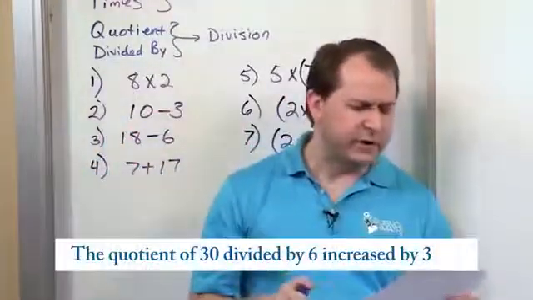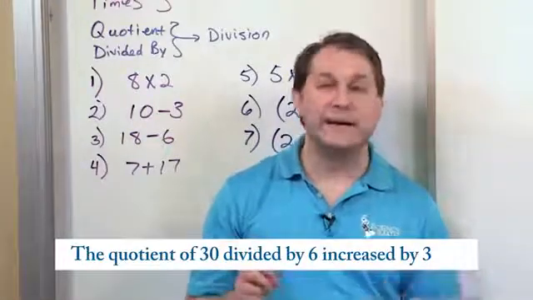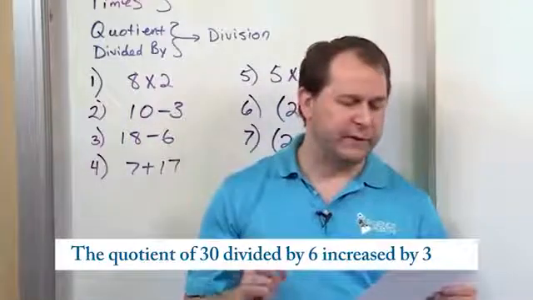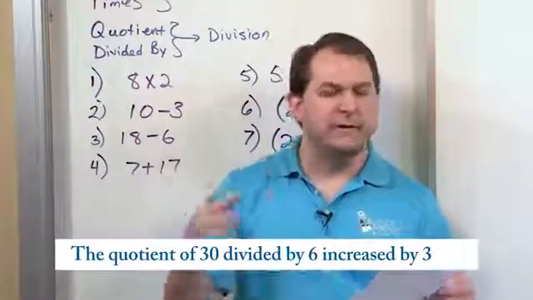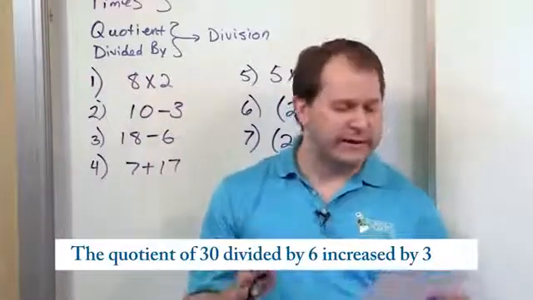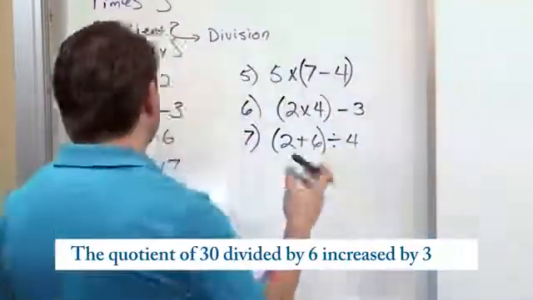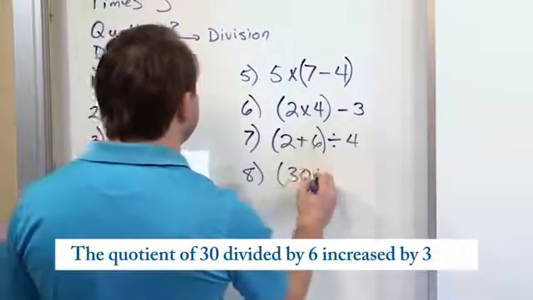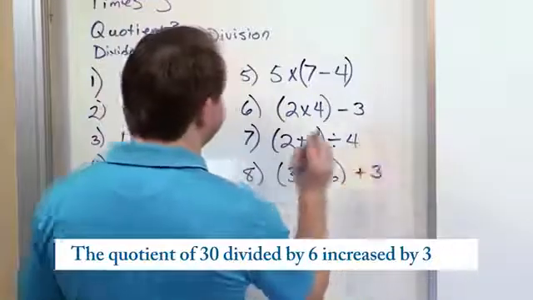The next one says the quotient of 30 divided by 6 increased by 3. So there's two nice keywords. Quotient means division. Divided by also means division. But in any case, we're doing the quotient first and then we're increasing by 3. So probably the easiest way to represent what we're doing there is 30 divided by 6, in parentheses, increased by 3.